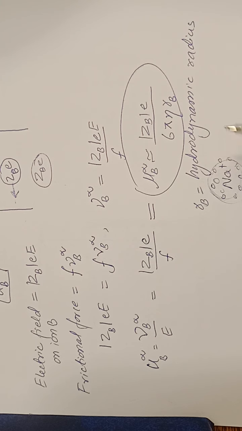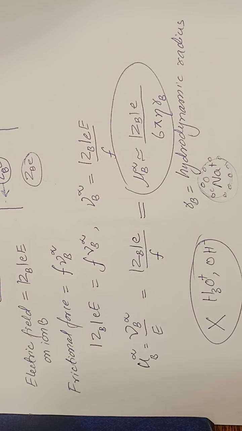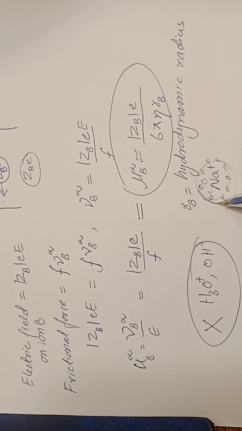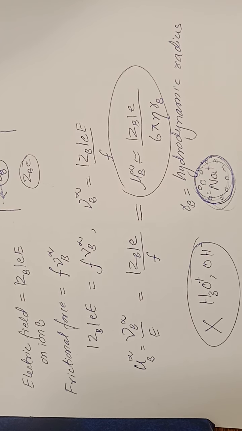So this equation attributes the differences in infinite dilution mobilities of ions entirely to the differences in their charges and radii. Of course, this equation cannot be used for the hydronium or hydroxyl ion, because here we need to use the hydrated or solvated species showing spherical geometry.